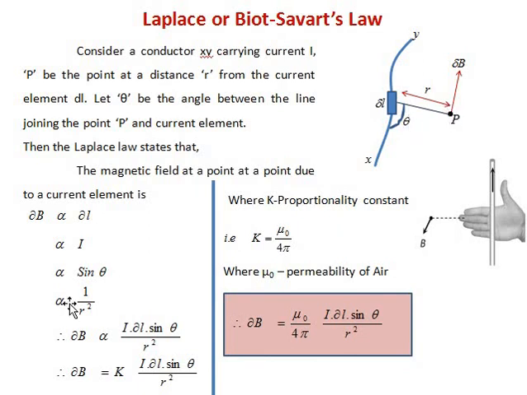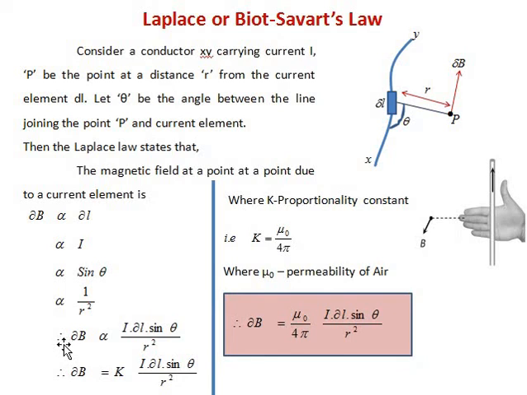It is directly proportional to sine theta, that is the angle. It is inversely proportional to the square of the distance: if point P is away from the conductor, the magnetic field at point P decreases. If it is close to the conductor, the magnetic field strength at point P increases. That is the inverse square law, and it is valid.